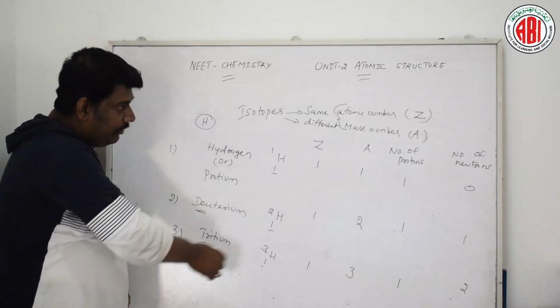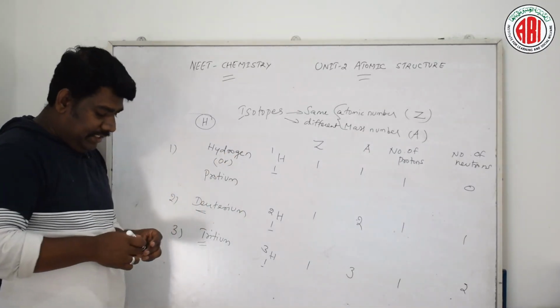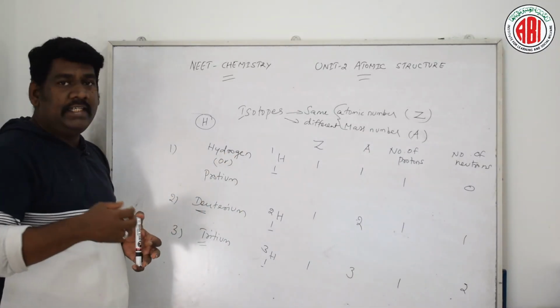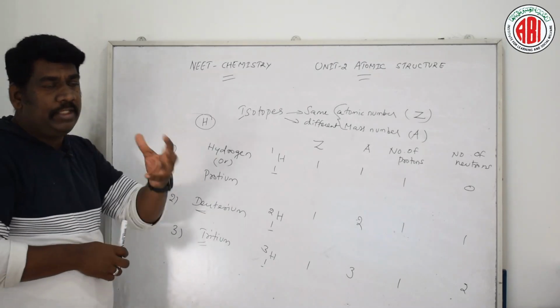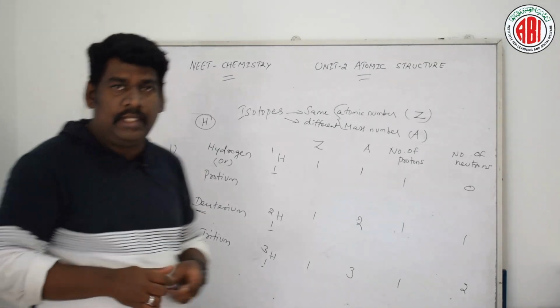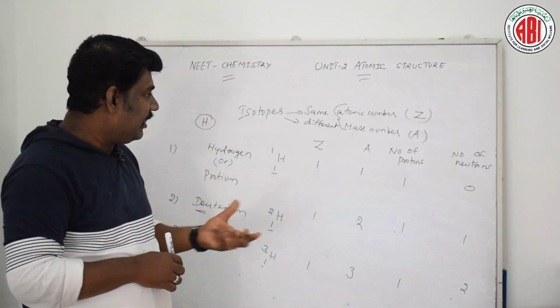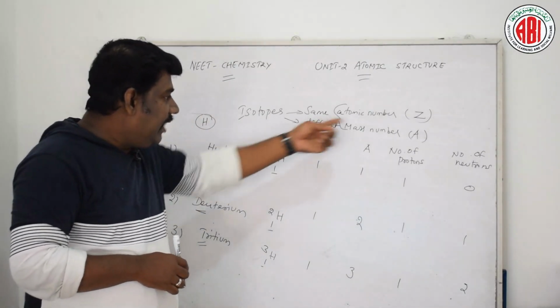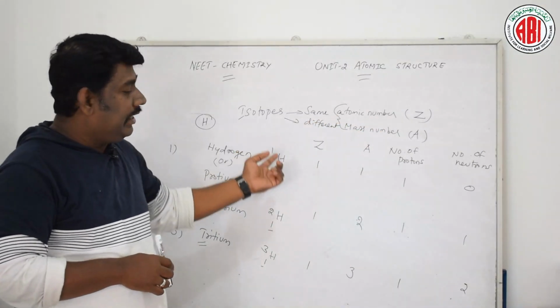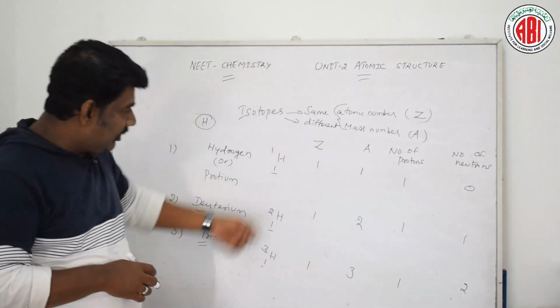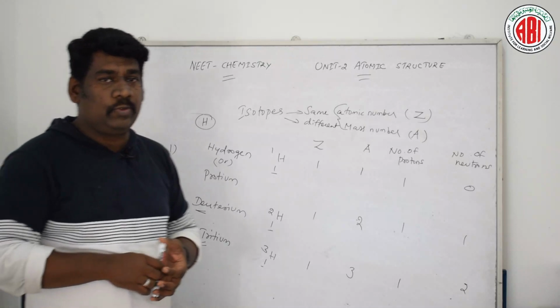This example easily expresses the term isotopes. Finally, isotopes are the atoms that have the same atomic number and different mass numbers.